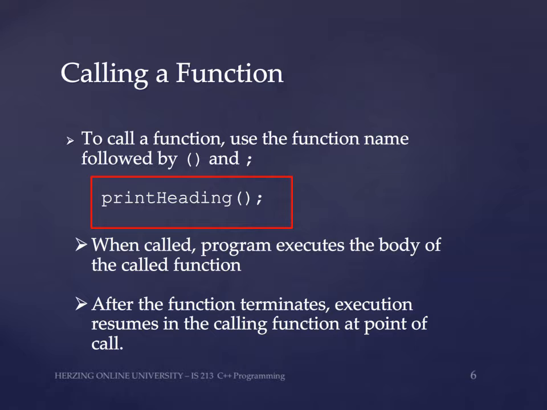Main can call any number of functions, and functions can call other functions. The compiler must know the following about a function before it's called: the name, the return type, the number of parameters, and the data type of each parameter.